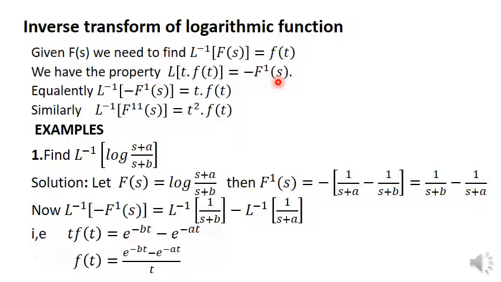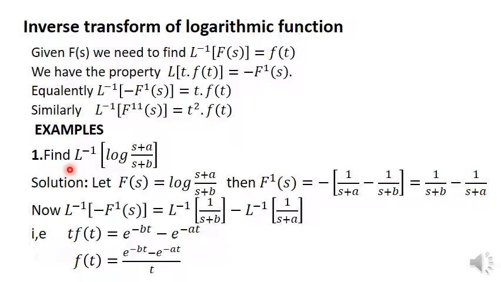Equivalently, L inverse of minus f prime of s is equal to t into f of t. In the same way, L inverse of f double prime of s is equal to t square into f of t, and so on. Now, we will discuss some examples.